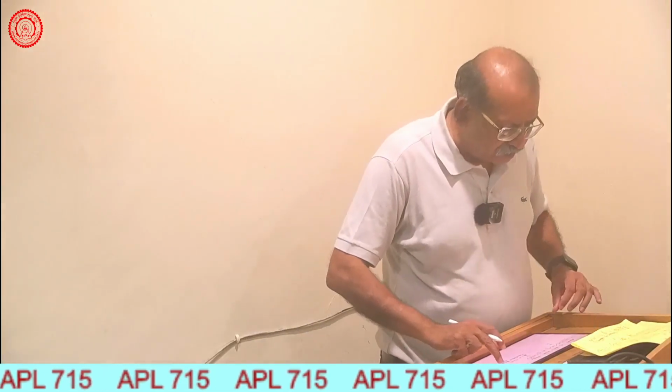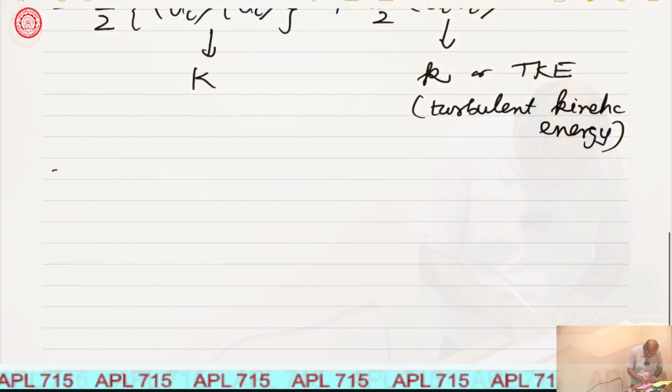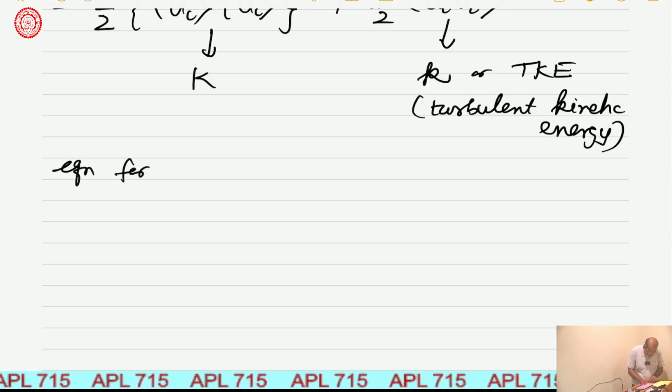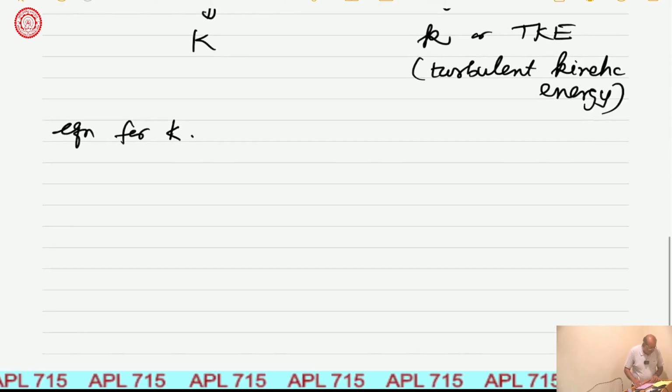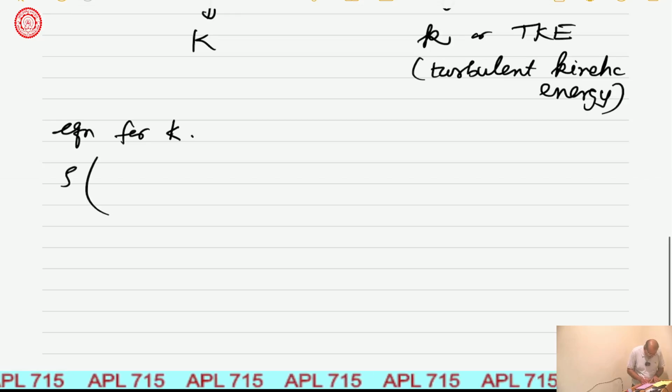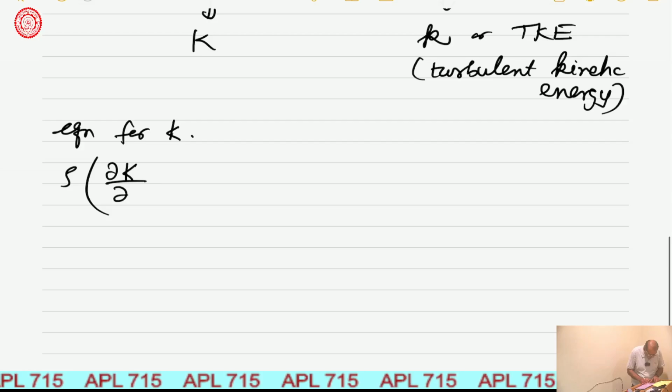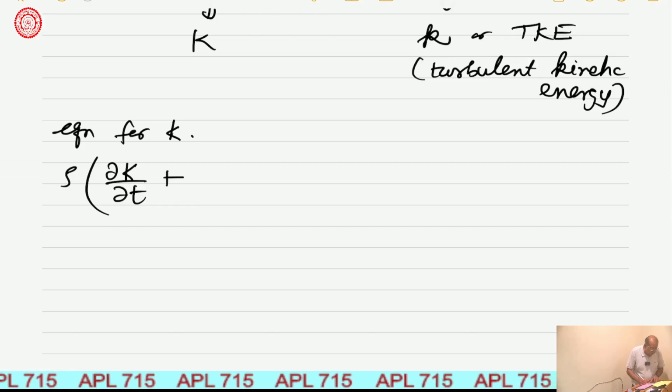So now the equation for K becomes rho times, plus mean of uj.